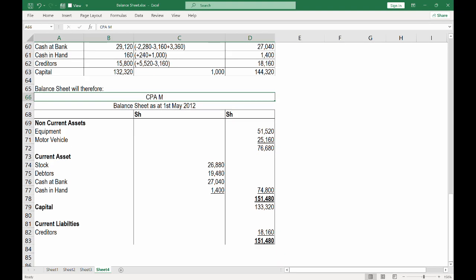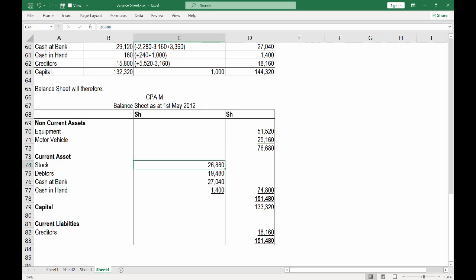So therefore, the balance sheet will have this: the title, CPM balance sheet as at 1st May 2012. We have the non-current assets. We have equipment and the motor vehicle. The current assets, we only have stock, debtors, cash at bank, and cash in hand. Then you have the capital.